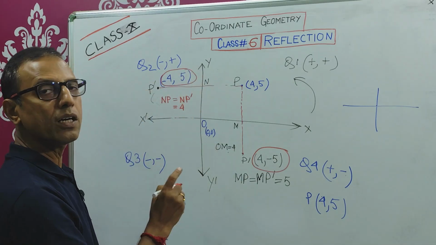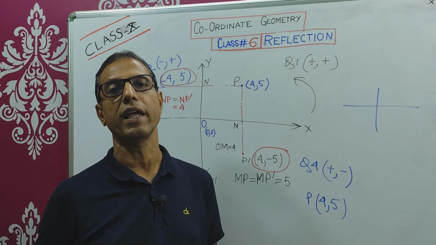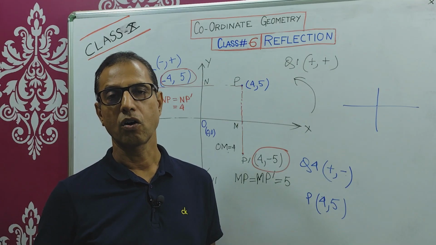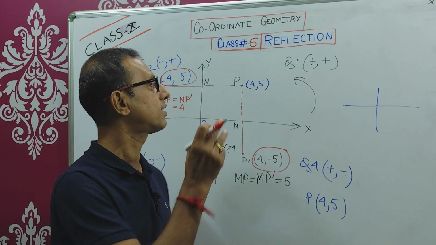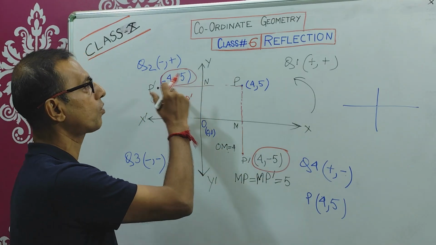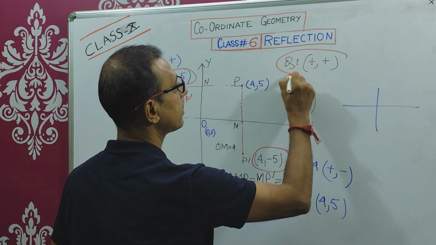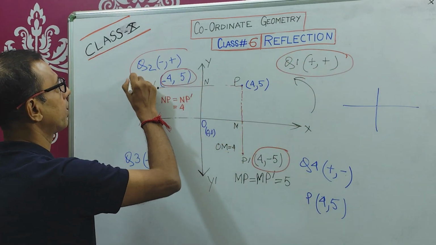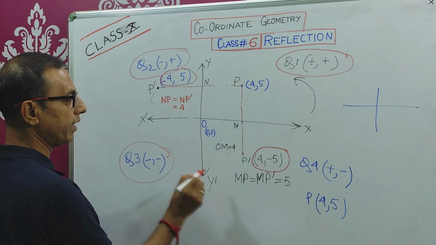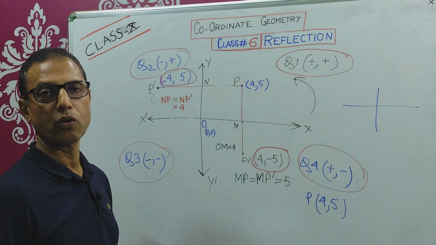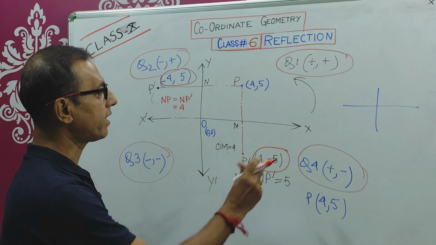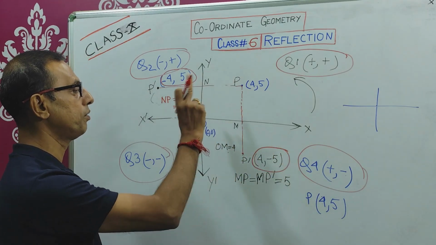So only when it is reflecting on the x-axis or y-axis, the numeric value is the same, but the sign changes based on the quadrant. That is why I explained Q1, Q2, Q3 and Q4, and how the signs of the x and y coordinates change. That's the most important thing, you need to remember that.